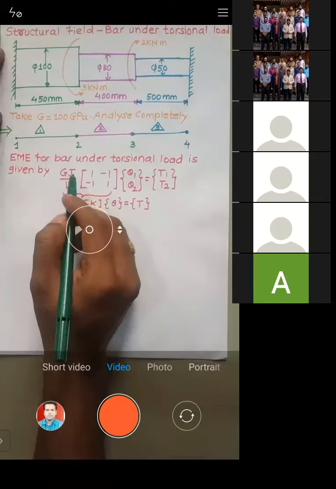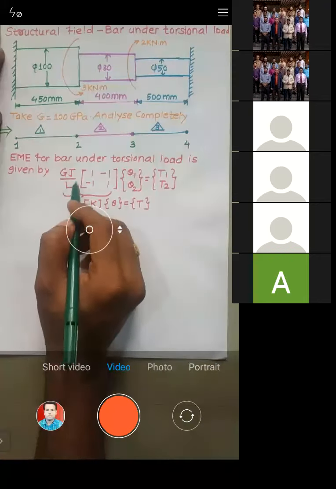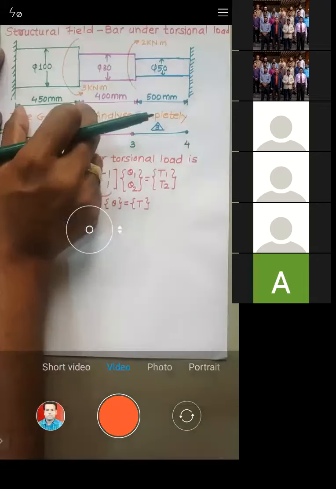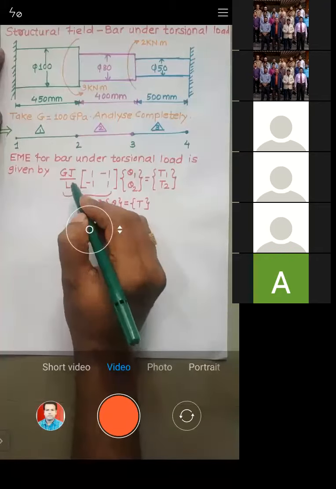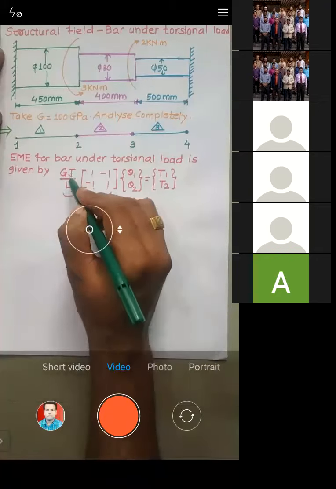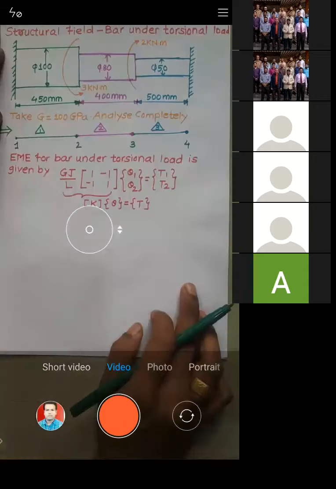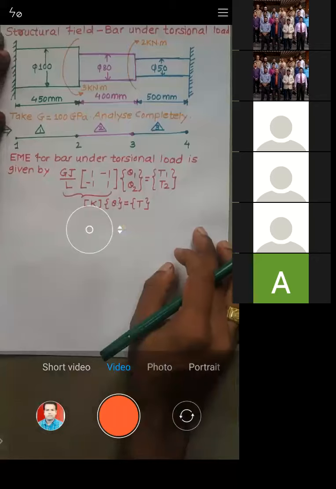It's basically the polar moment of inertia. And L is nothing but the length of every element, which is given. So G and length are given, but J is not given, so we first need to calculate it.